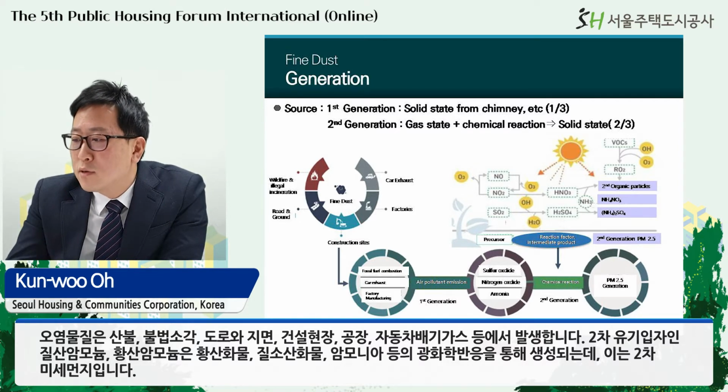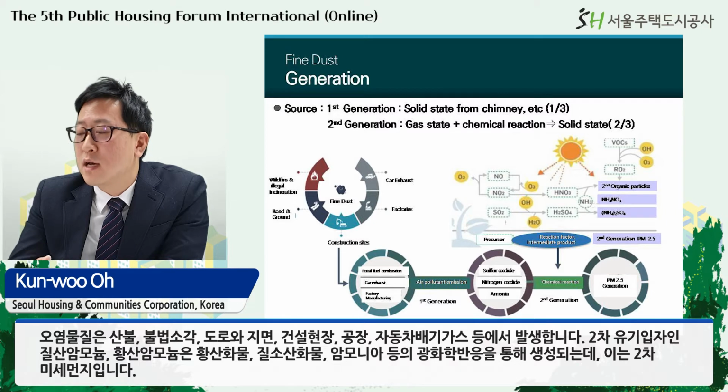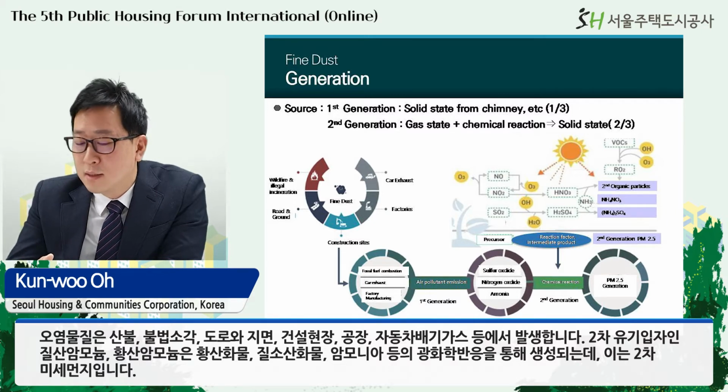The second, organic particles, ammonium nitrates, and ammonium sulfates are produced through photochemical reaction of sulfur oxide, nitrogen oxide, and ammonia by sunlight, which is the secondary fine dust.